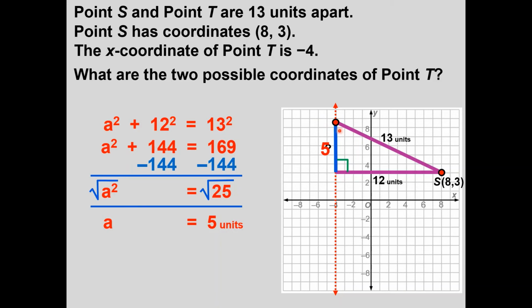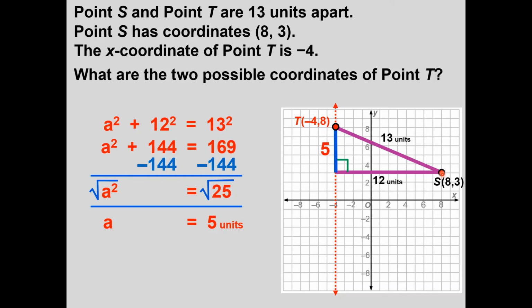So let's get rid of that and replace it with -4, 8. So that should be where point T is. And notice, I actually guessed and I wasn't that far off. Let's adjust this a little bit. So -4, 8 should actually be right here. That is the actual coordinate where T should be, because now it is exactly 13 units away from S.